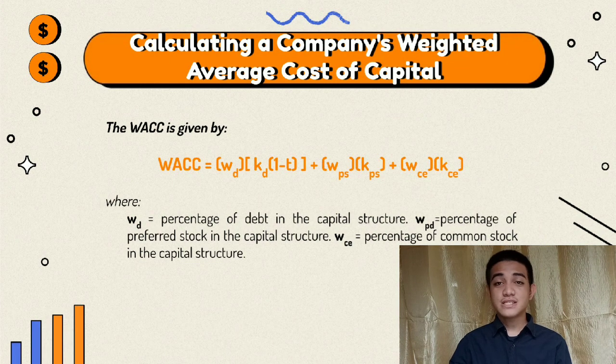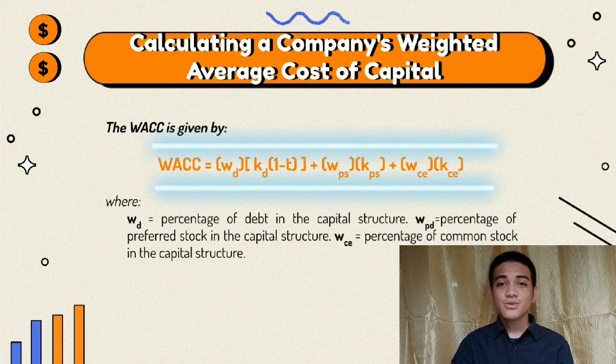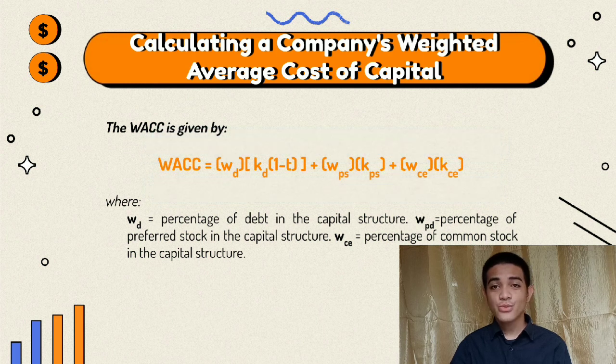The weighted average cost of capital is equal to WD times KD times (1 minus T) plus WPS times KPS plus WCE times KCE, where WD is the percentage of debt in the capital structure, WPS is the percentage of preferred stock in the capital structure, and lastly, WCE is the percentage of common stock in the capital structure.